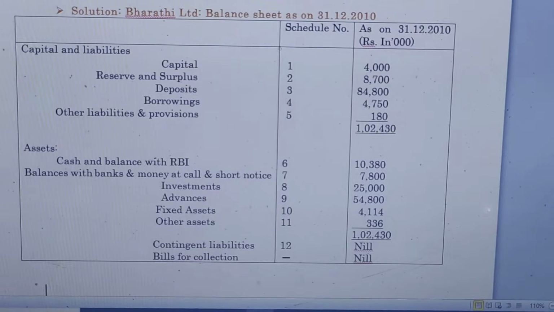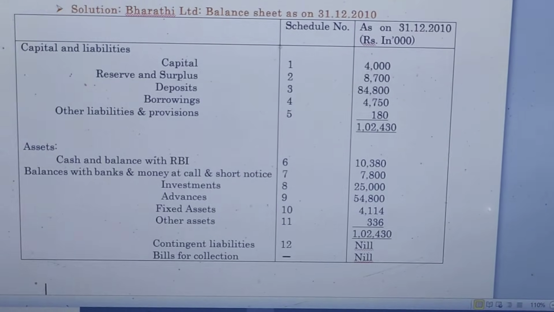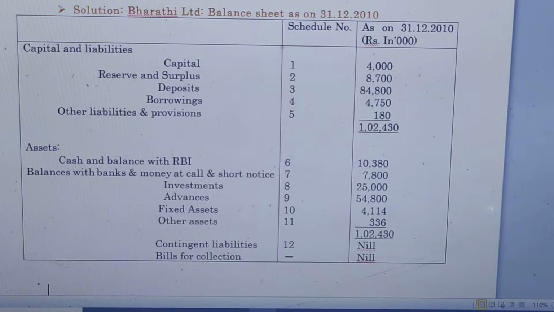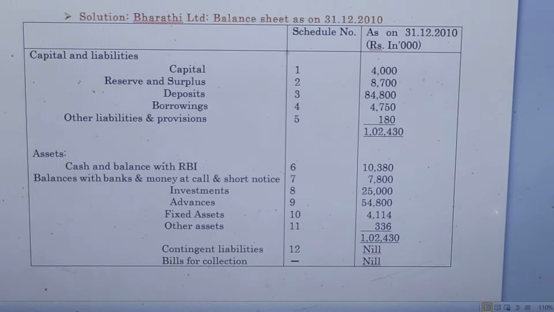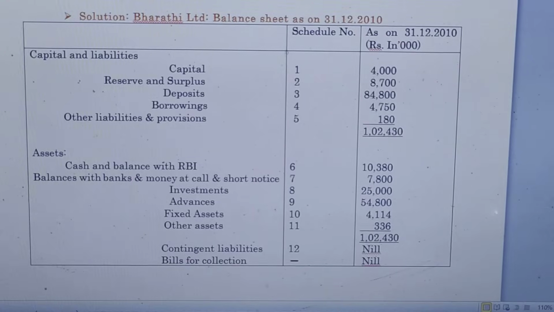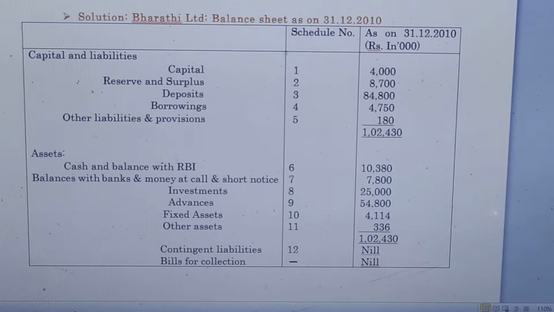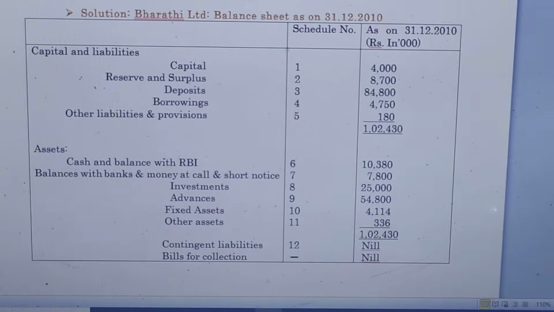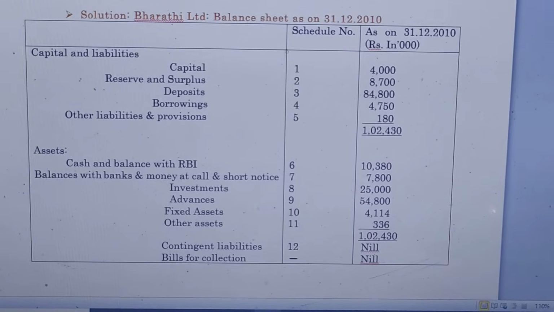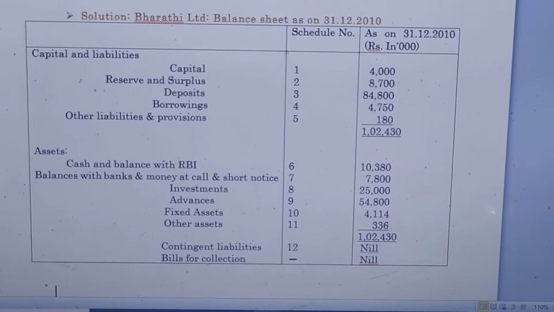We get 1,02,430 as total assets. And schedule number 12 is a separate one. We do not add that amount with assets or capital and liabilities, so we have to mention it separately.